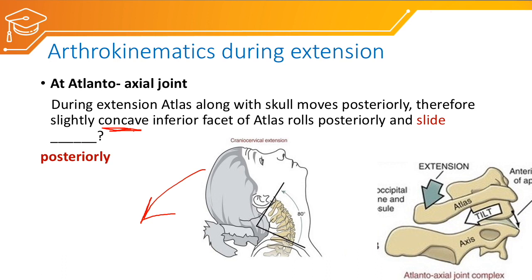The atlas along with the skull moves, or tilts, posteriorly to create extension, and the surface of the inferior articulating facet of the atlas is concave, therefore concave is moving on the convex surface of the axis. So the sliding also will be towards the posterior direction.